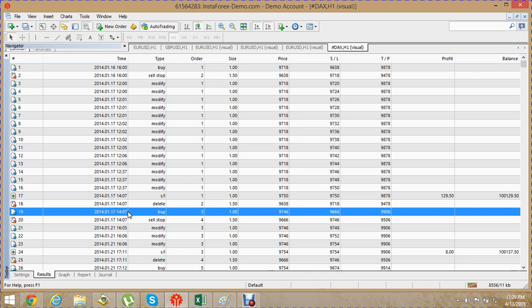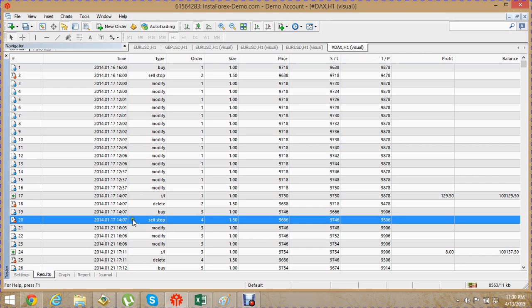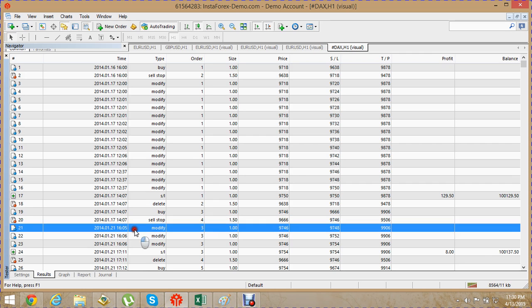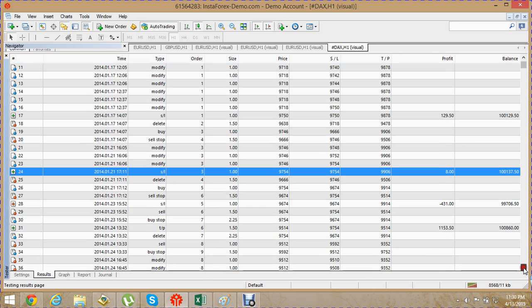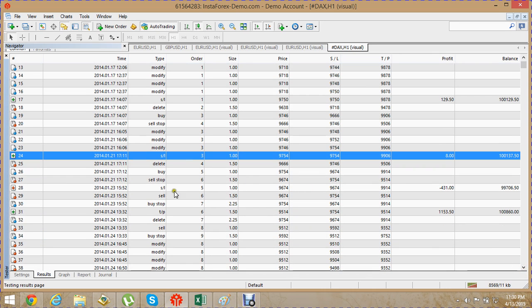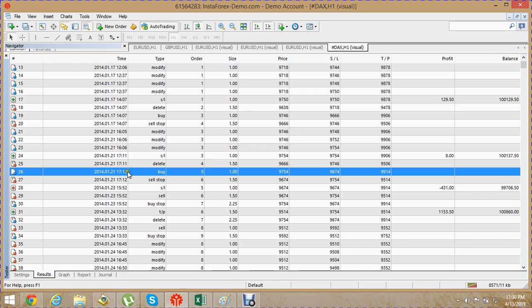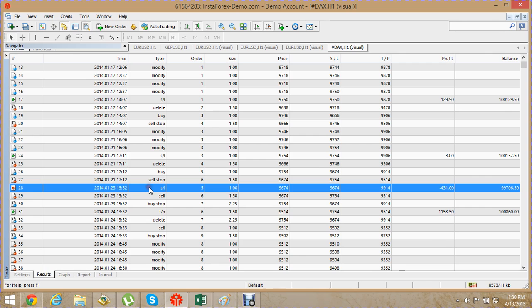At this time the EA was giving a signal to buy. It placed the buy trade right at that time, and it placed a sell stop also at that time. So it modified it, and it closed at 8 bucks profit, also this one. And you need to watch this one, when it placed another buy trade at that time, and that didn't go in our favor.